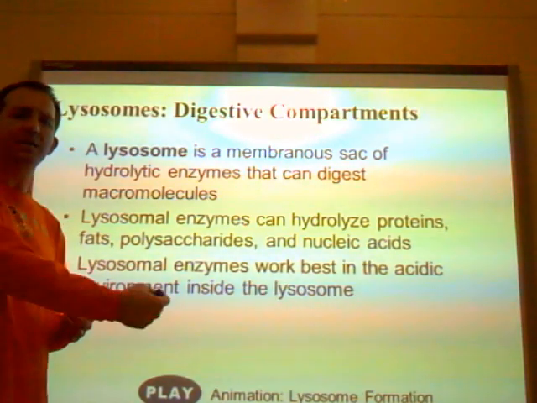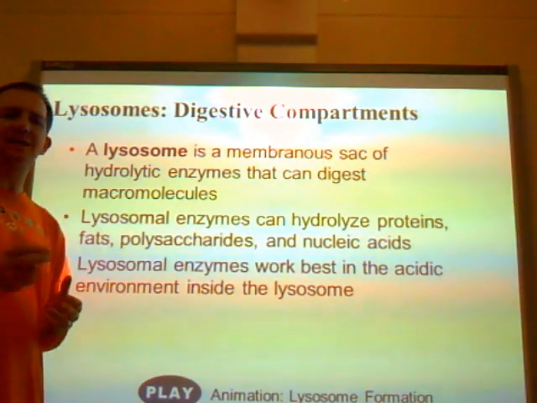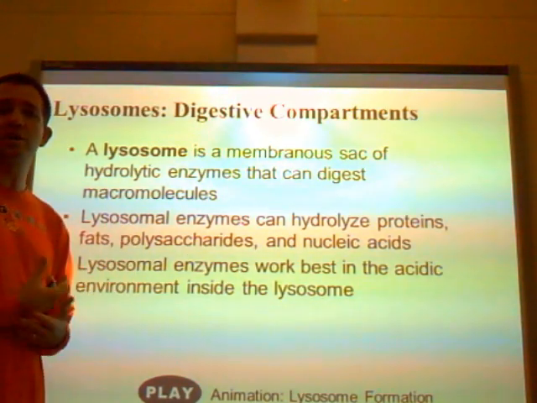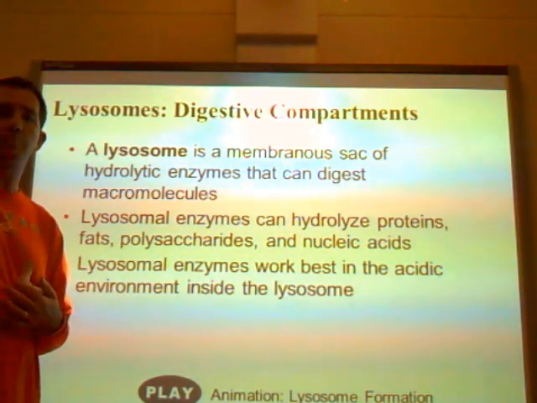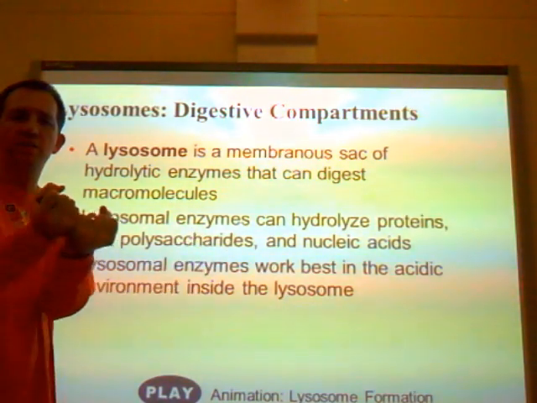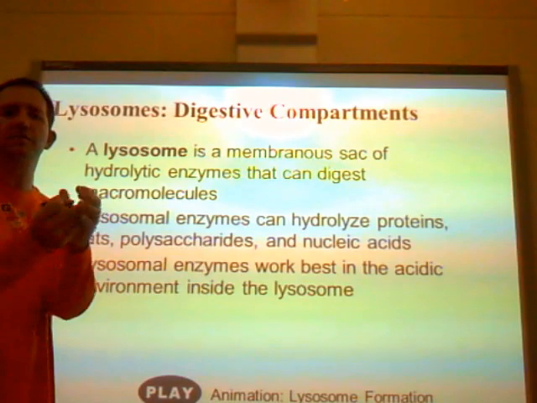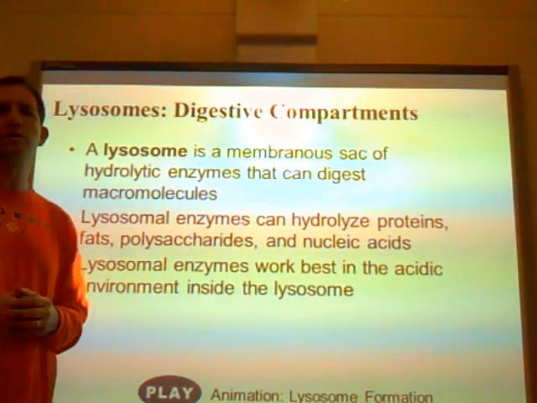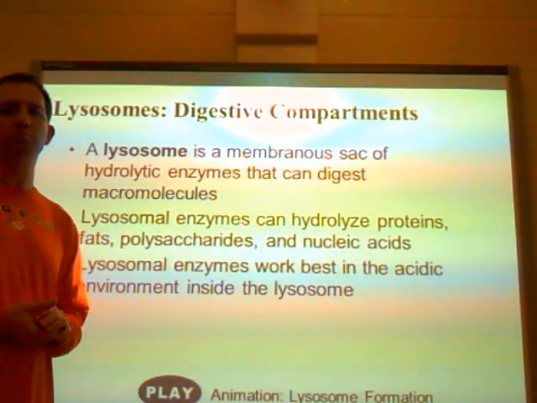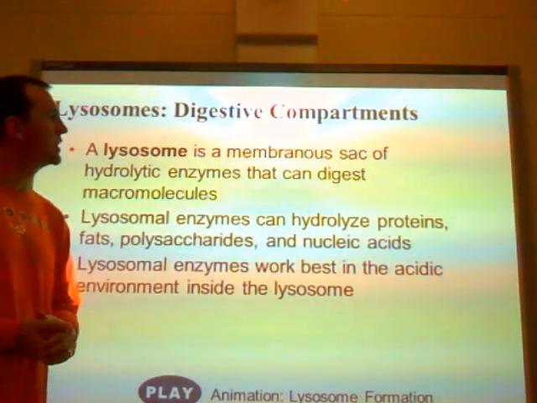So if something comes into the cell, it may be something that the cell does not necessarily need or want. Perhaps it's a harmful substance. Then a lysosome will fuse with that vesicle, and those digestive enzymes will break it apart. When we think of the word lyse, we think of something breaking down, and that's what lysosomes do. They are able to break those things down.